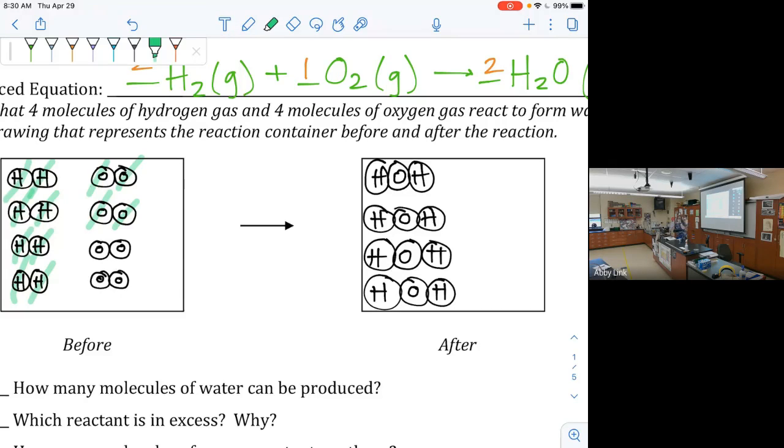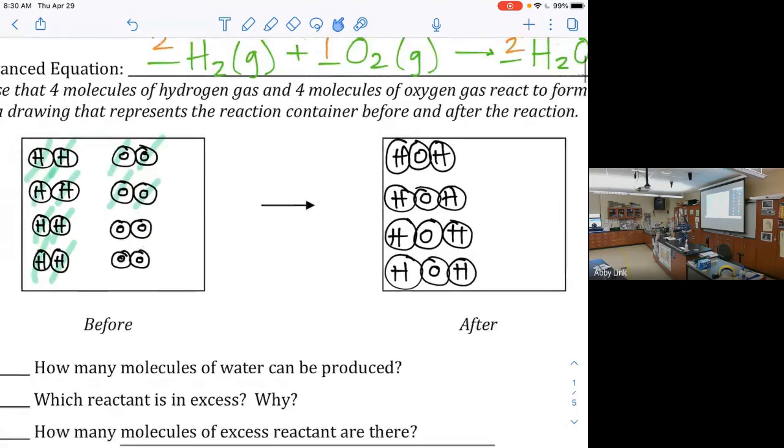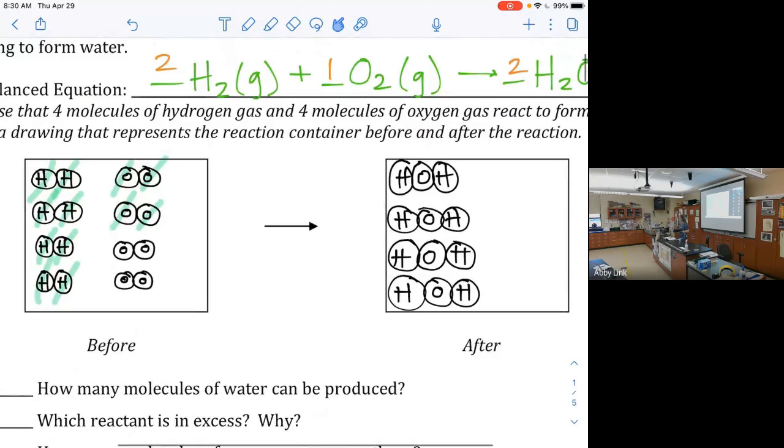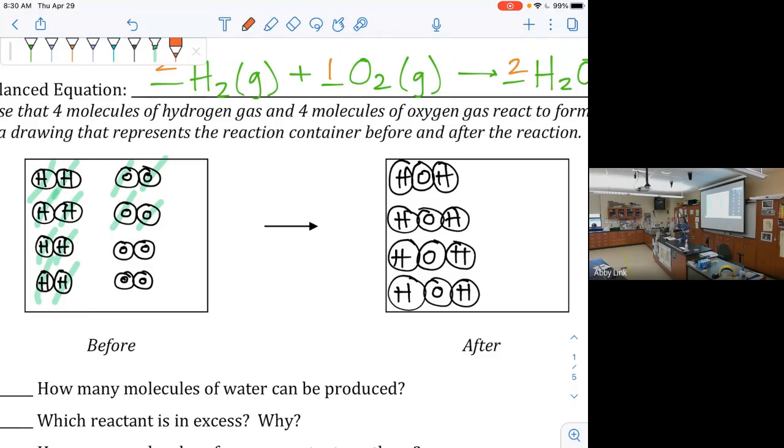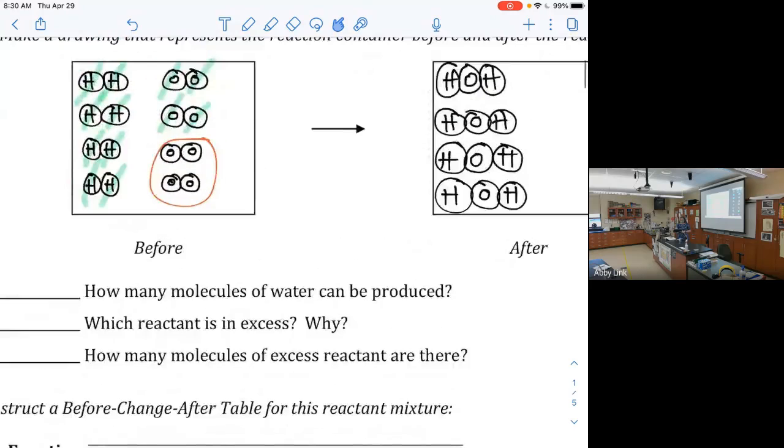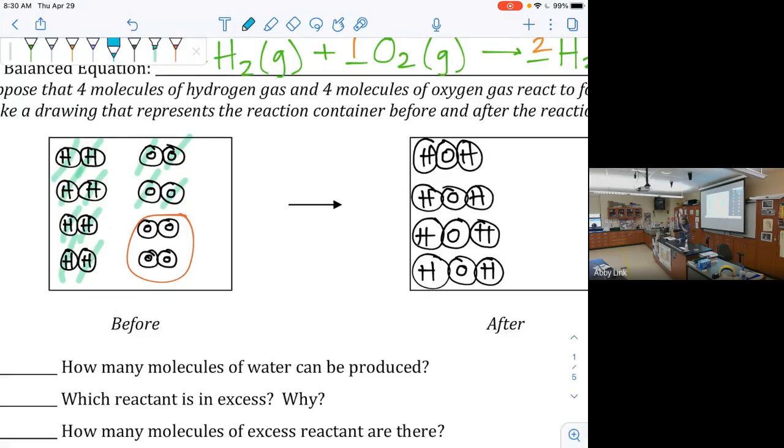All right. What do you guys notice? Ava? We have leftover oxygen. All right. What did we run out of? Hydrogen. Okay. So basically, what I want to tell you right off the bat here is that hydrogen would be what we call our limiting reactant.